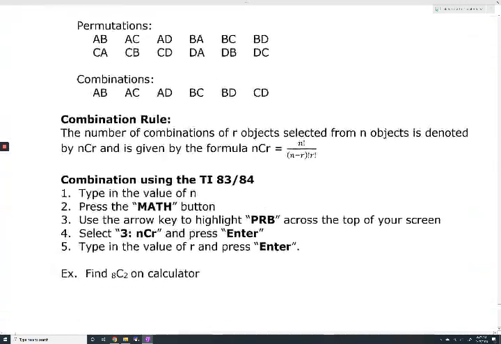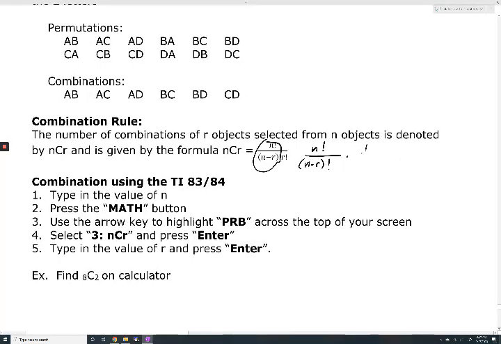And if you look at the formula here, this part of the formula is the same. So it starts the same. And then it adds that dividing by r factorial. This r factorial gets rid of all the duplicates.